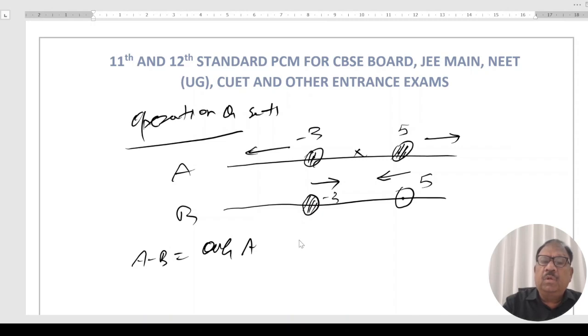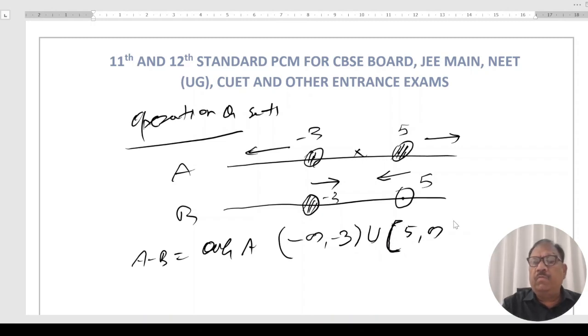So this comes out to be minus infinity to minus 3. ये क्लोज आते इसको ओपन कर दिया, माइनस कर दिया, ओपन कर दिया, union 5 to infinity. This will remain closed, 5 to infinity closed.